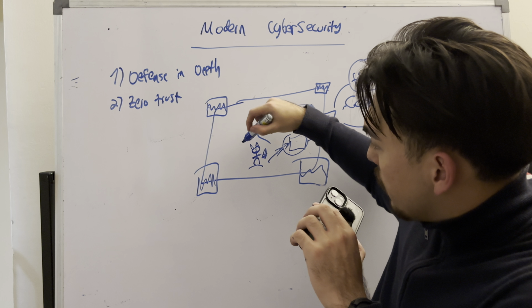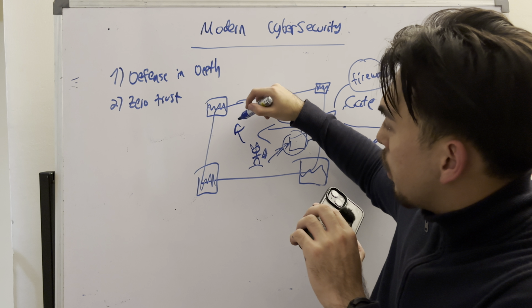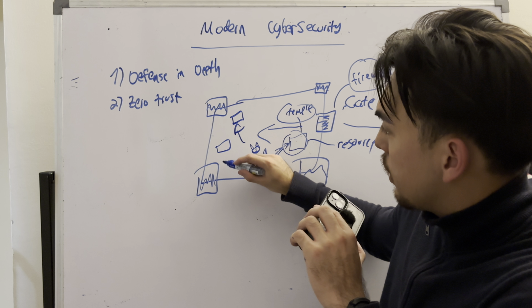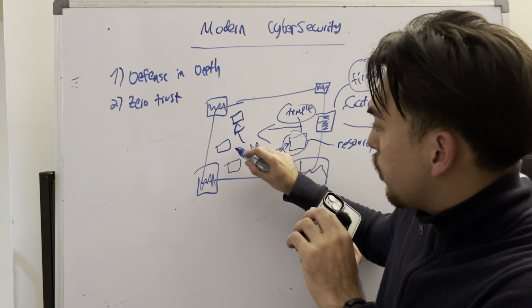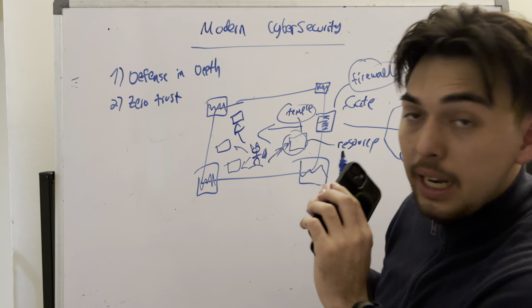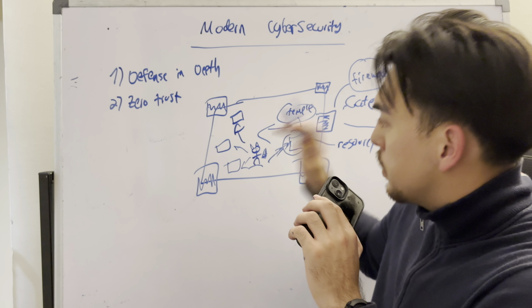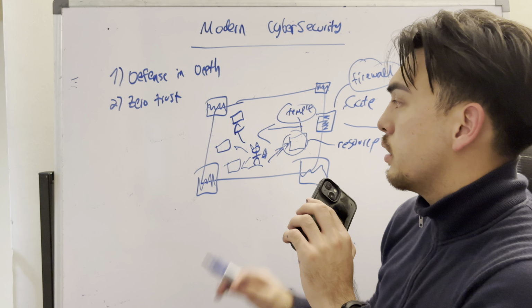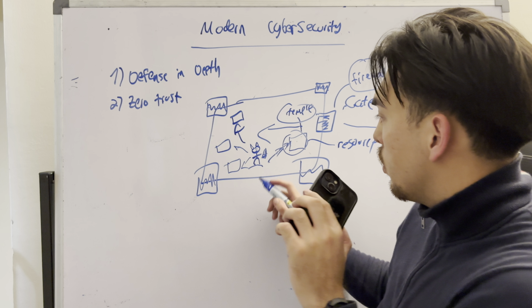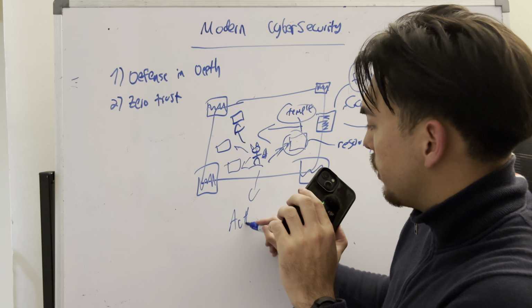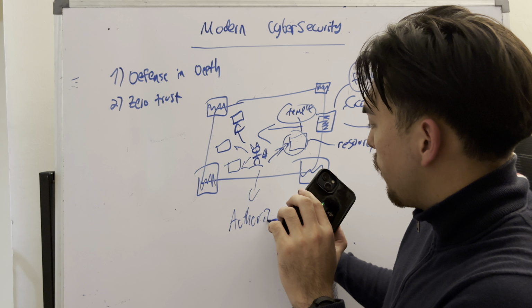Imagine that same principle across multiple buildings and resources inside the castle. Every time you attempt to move laterally, you get rejected because each has its own specific layer of verification and identification. Essentially, what you are questioning is authorization, right?